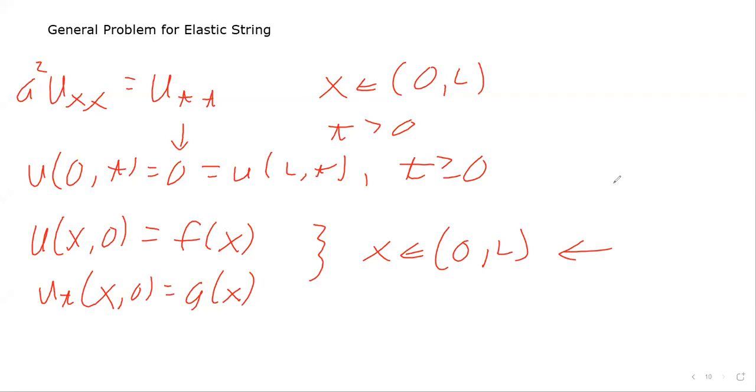So the derivatives are always 0. But now if we get our solution for this, interesting enough, it's going to be just the summation of our two previous solutions. So whenever we had our non-zero initial position and our non-zero initial velocity.